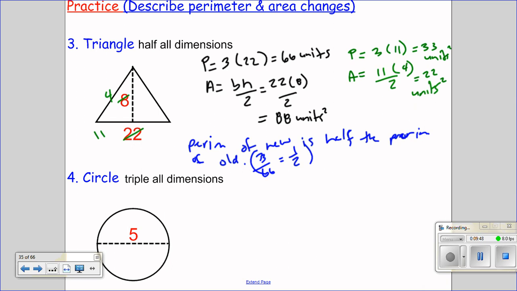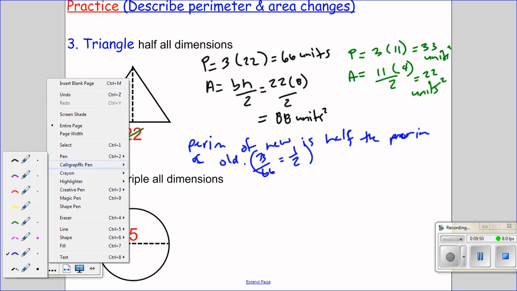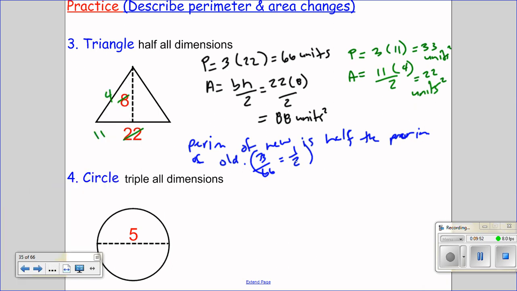And now let's talk about the area. The area of the new looks to be a fourth of the area of the old.